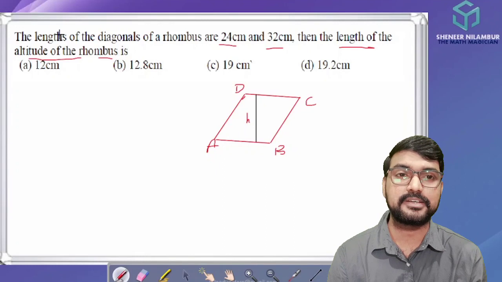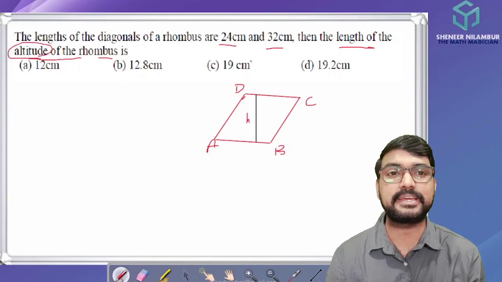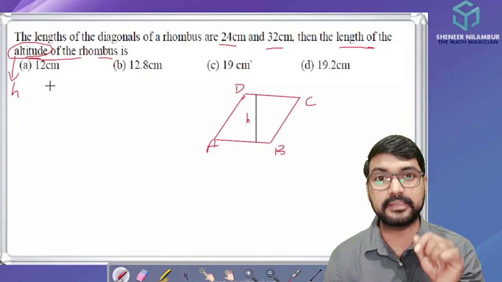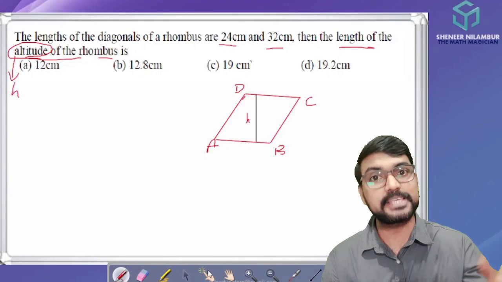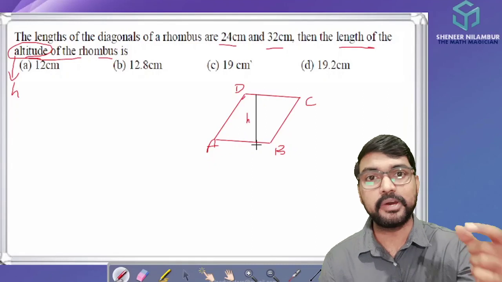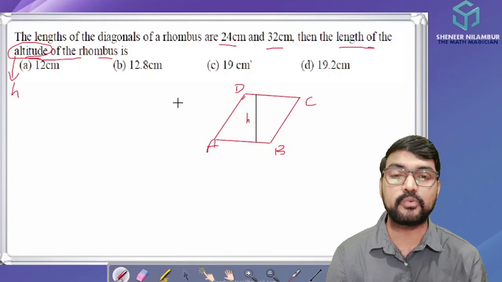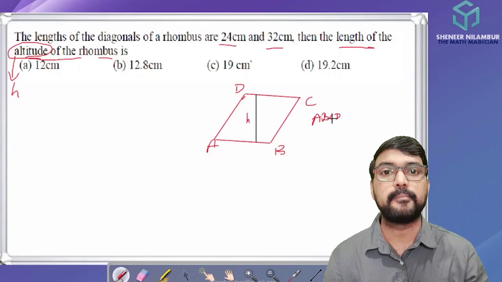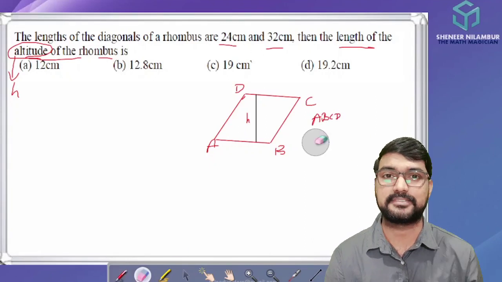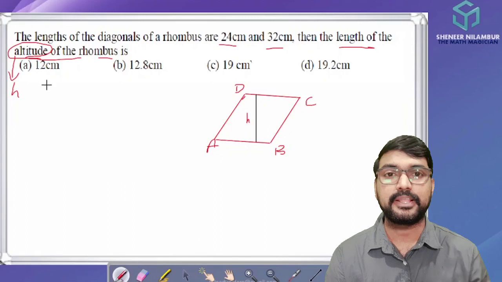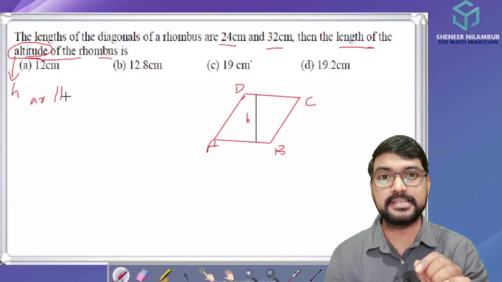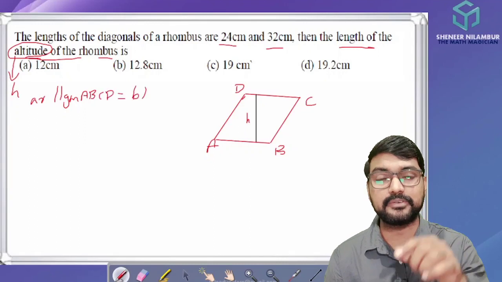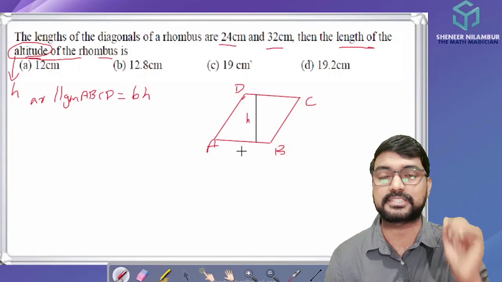My dear students, we have to make an equation which includes the altitude. So, we can think of one idea. Rhombus is a parallelogram. So, what is the equation for finding the area of a parallelogram? Base into height, BH. Here the base is one of the sides of the rhombus and the height is the altitude H we require.